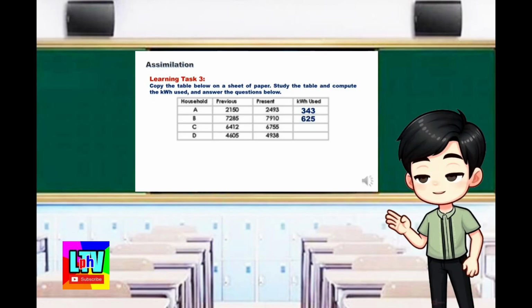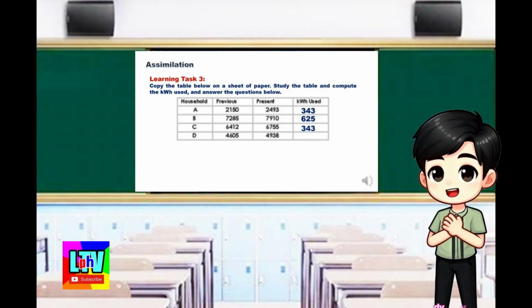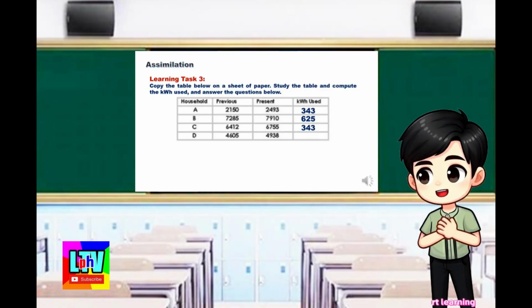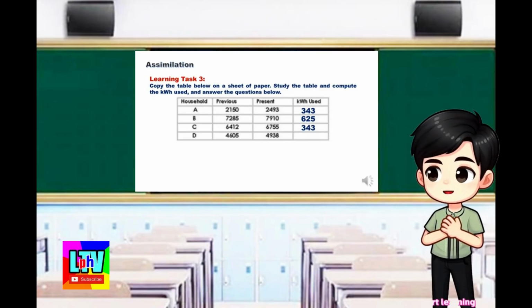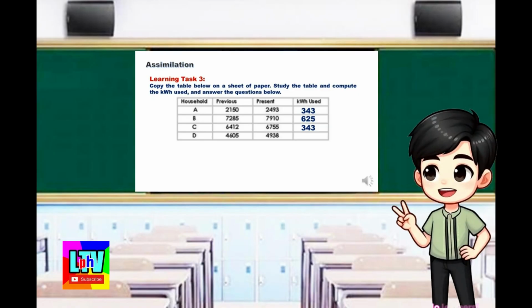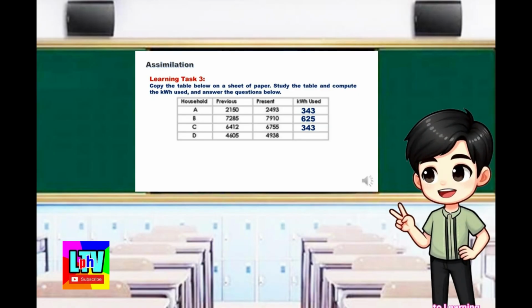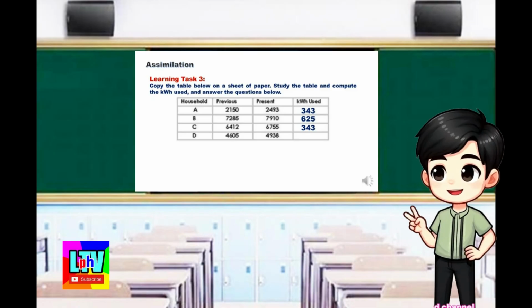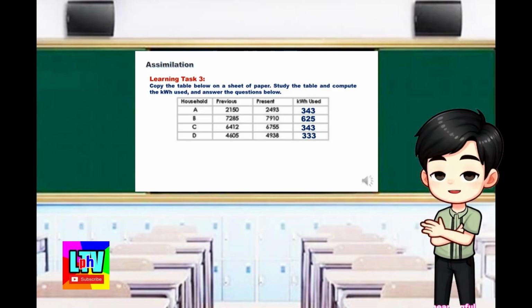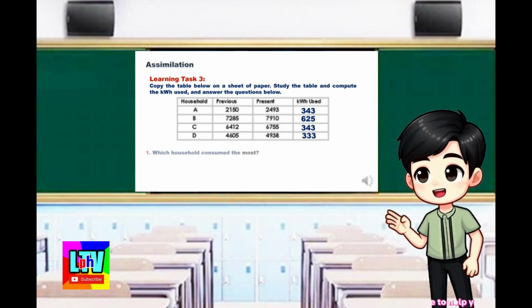Also in household C, present minus previous equals 343. And for household D, present minus previous, the kilowatt hour used is 333. So let us answer these questions.